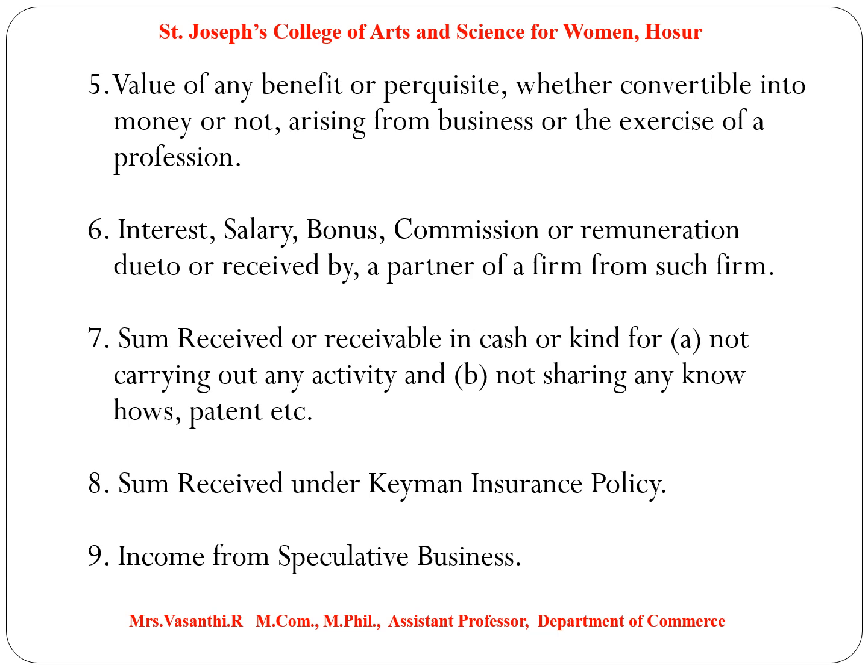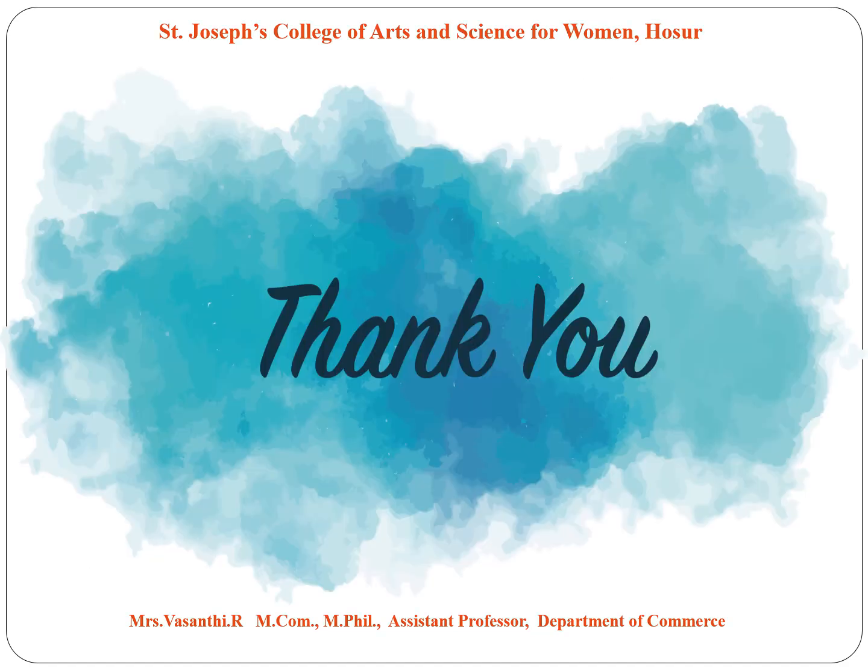Any sums received in cash or kind come under business or profession. Any sum received under a keyman insurance policy, or any income from speculative business, is chargeable under business or profession. Thank you.